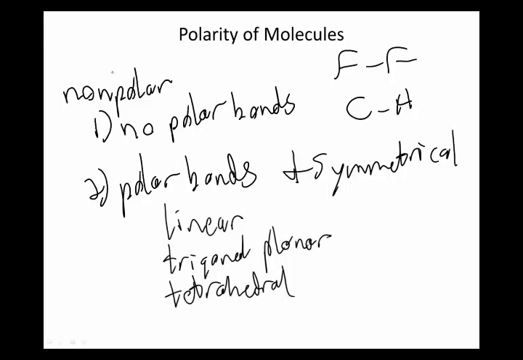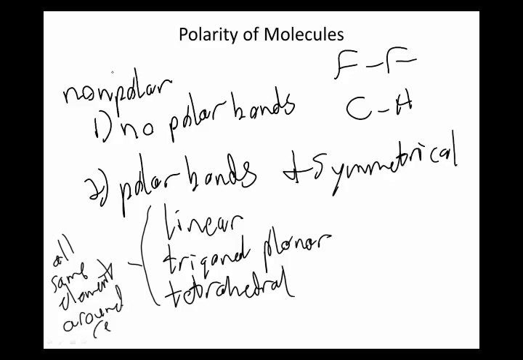They all don't have lone pairs on the central atom. That's what they have in common. Lone pairs on the central atom kind of mess up the whole works. So, they have to be one of these shapes and all the same element around the central atom. There's a lot of criteria here.